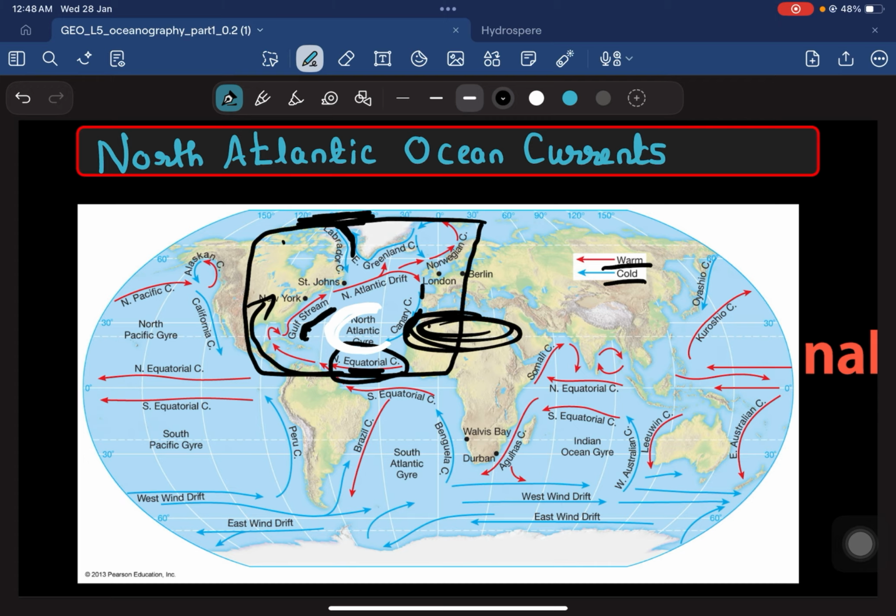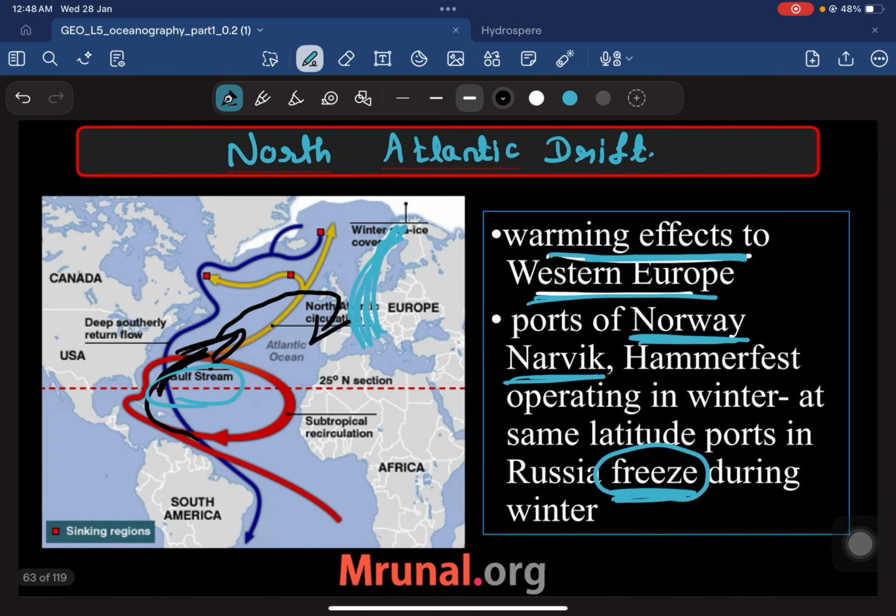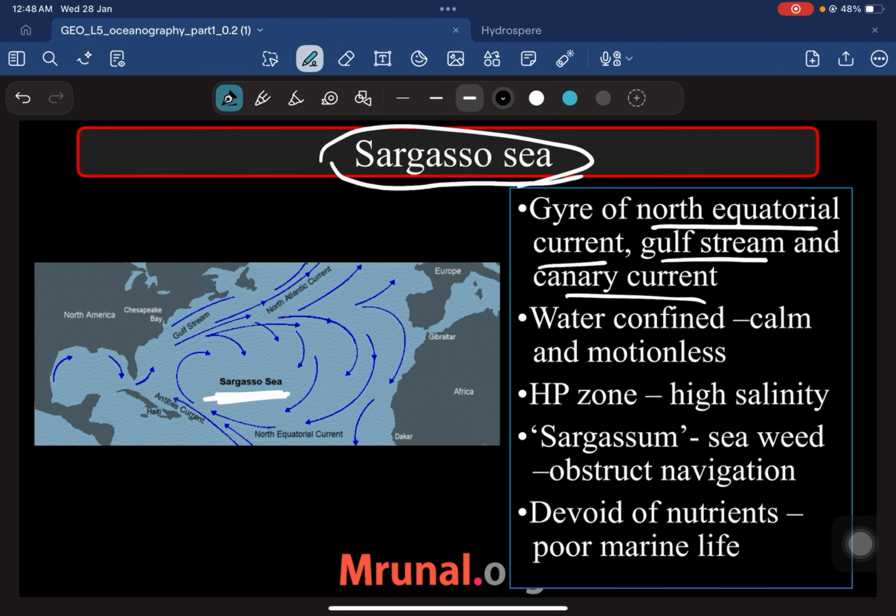Okay, this Sargasso Sea we are going to see in between these currents, understood, right? That's it, leave that one.